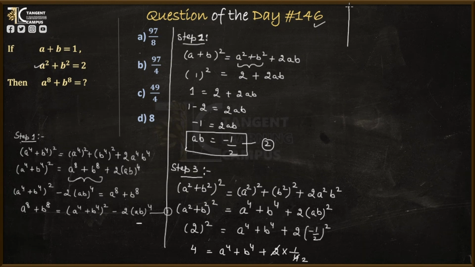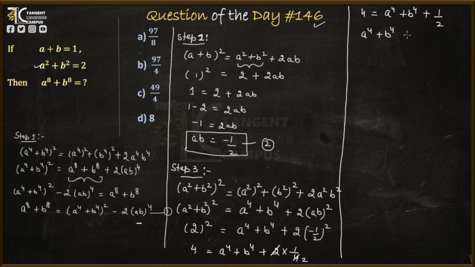So now we can write 4 is equal to A⁴ + B⁴ + 1 by 2. Now we can isolate A⁴ + B⁴. This is equal to 4 minus 1 by 2. Now we can solve it by taking the LCM. So we will get 2 in the denominator and 8 minus 1. So from here we get A⁴ + B⁴ as 7 by 2.